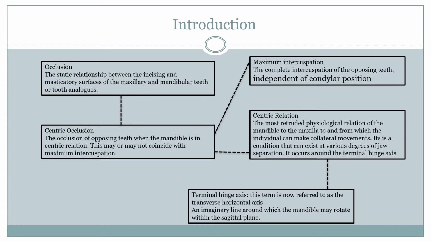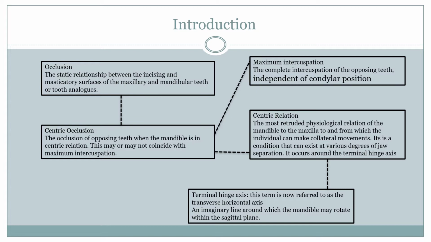But in maximum intercuspation, when you try to occlude an upper cast and a lower cast, all that you see is whether the upper teeth are coming in contact with the lower teeth. You're not looking at the patient's condyle. The TMJ is not taken into consideration. So your maximum intercuspation has got nothing to do with your condylar position.